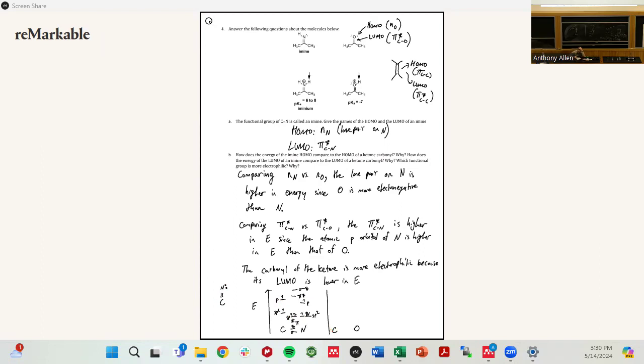CO is going to be even lower. I don't know how I'm going to fit that. C needs to be the same in energy. O needs to be lower in energy for the sp2.